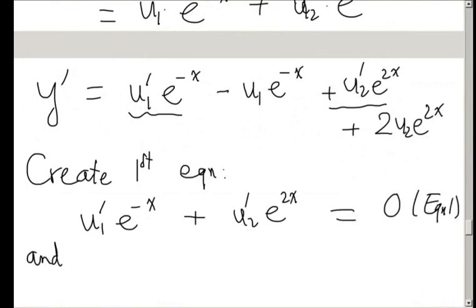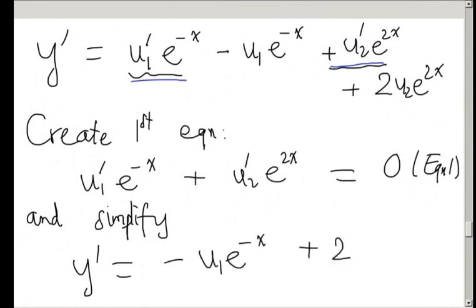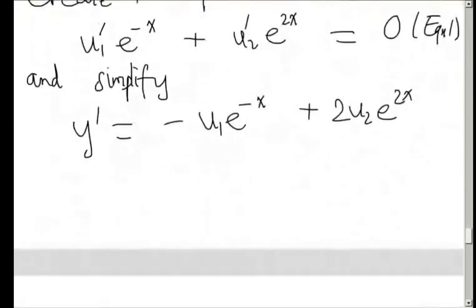And at the same time, simplifying y prime: because we have grouped the two terms together and set the sum equal to 0, we are only left with minus u1 e to the negative x plus 2u2 e to the 2x in the derivative.